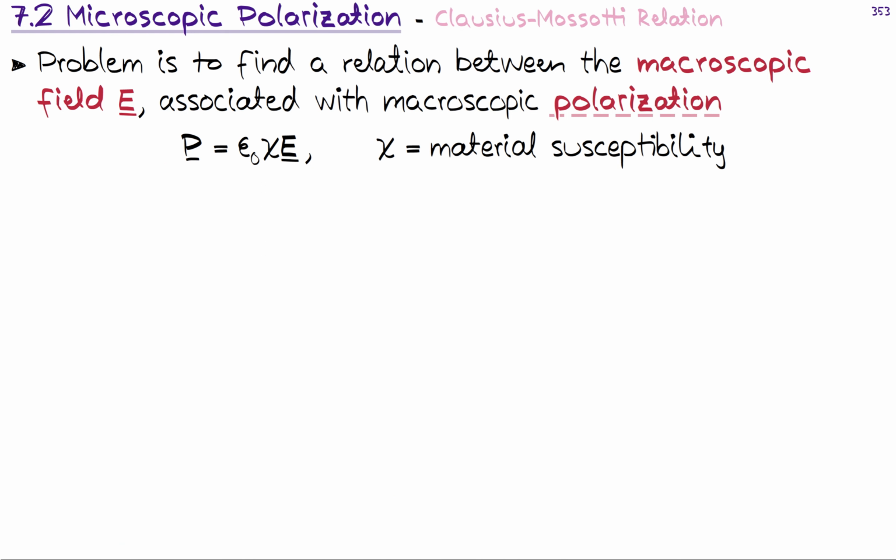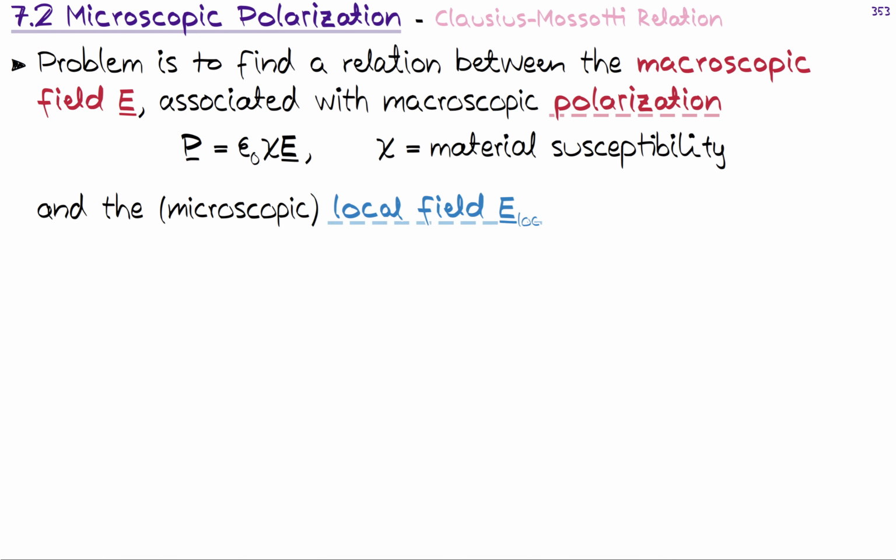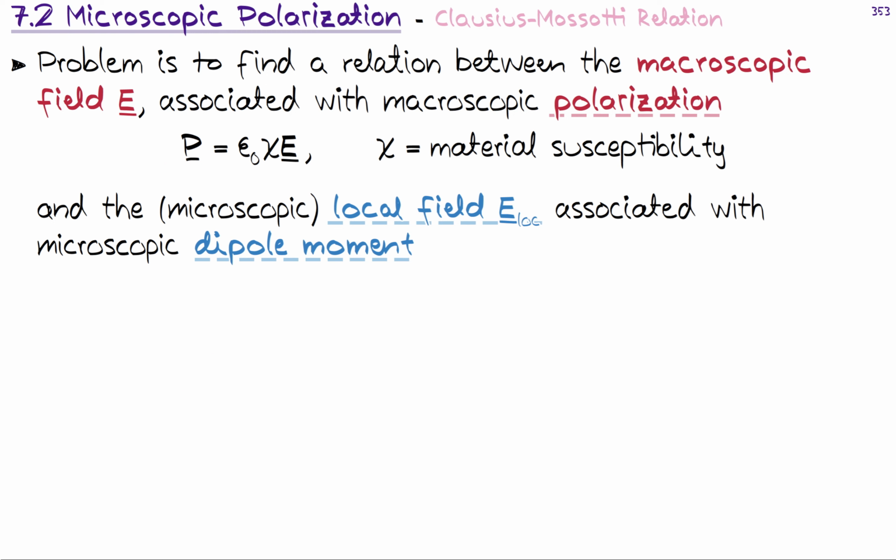So chi is the material susceptibility, and this is often what we want to be able to calculate, because if we could, then we would know how the system responds to incident radiation. The microscopic local field is the quantity more associated with the microscopic dipole moment. Please compare these two equations.